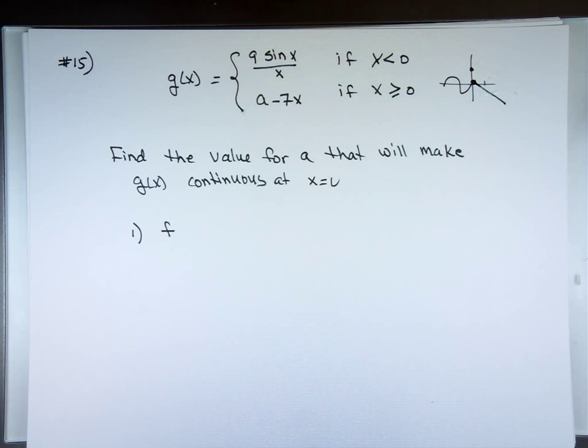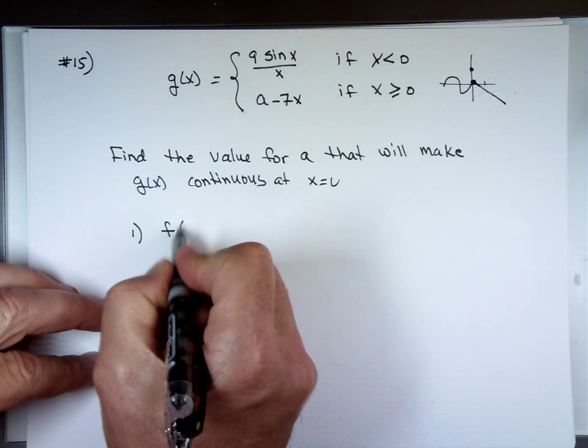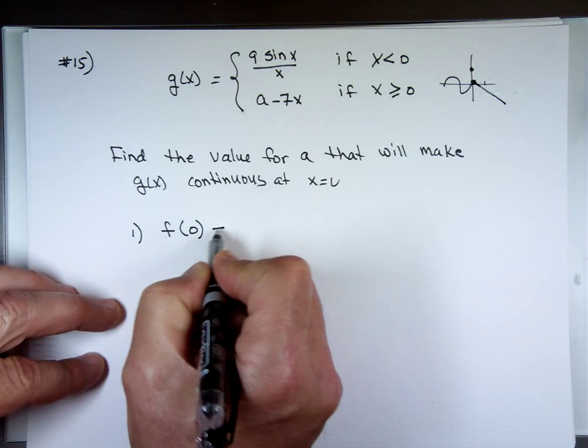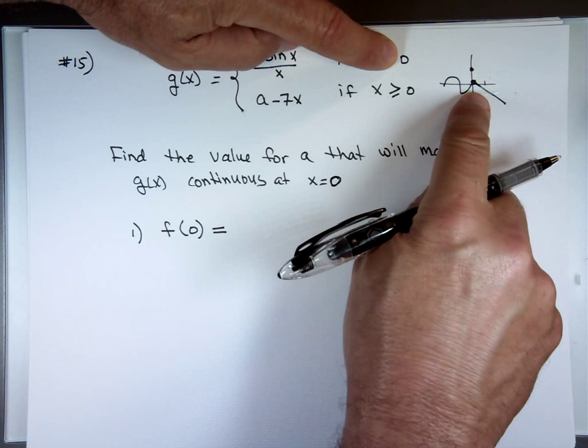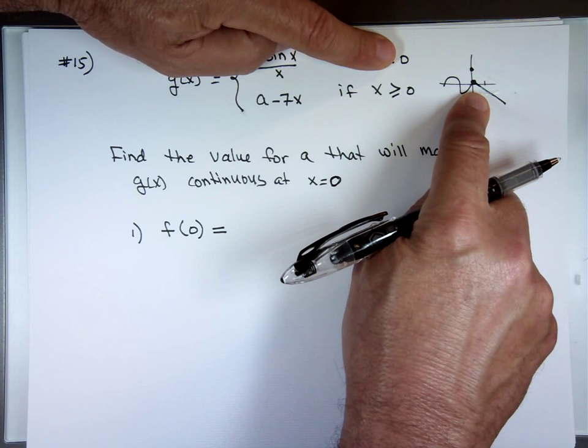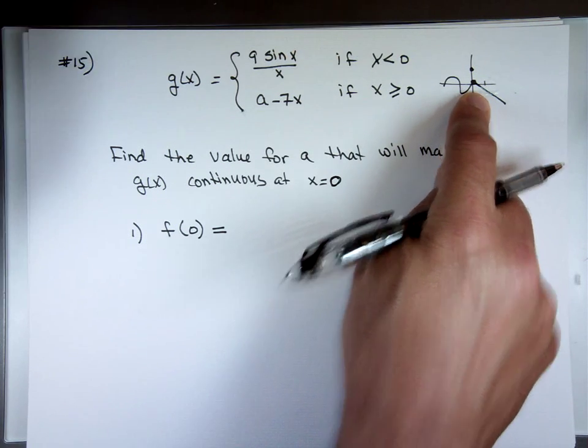So what is f of 0? What is the value of the function when x equals 0? Because to be continuous, the function must be defined at that value, at 0. We know each piece by itself is continuous. The only question is, are these 2 pieces going to be touching each other such that there is no hole in them? So if there's any discontinuity, it will be at 0.